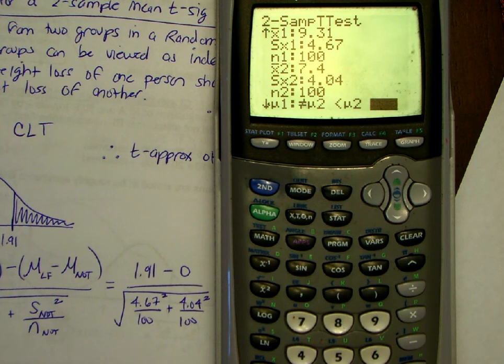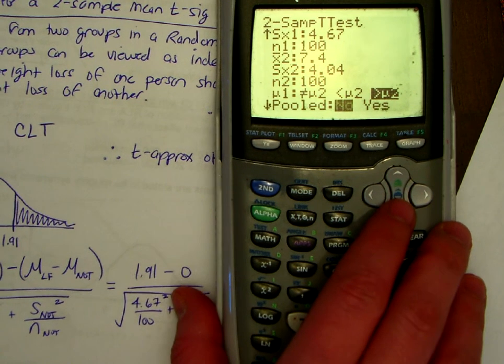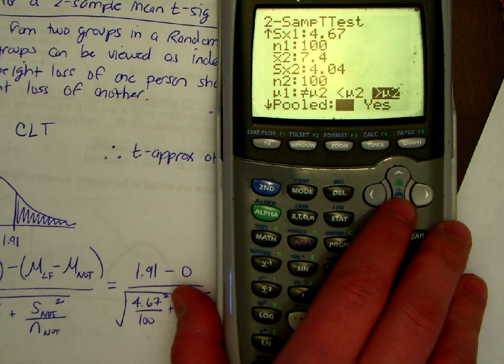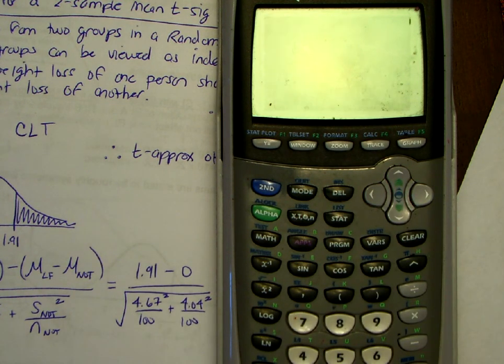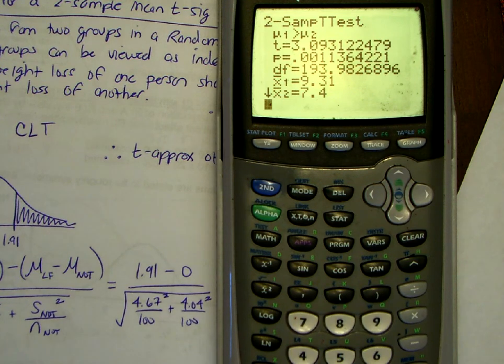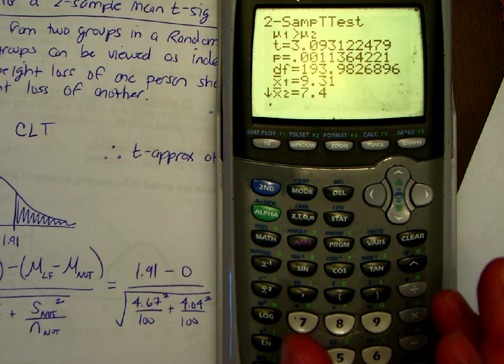I think I got all my data entered right. Okay, greater than, hit calculate. Don't pool. You only pool on a 2-sample proportion test. It won't even ask you about pooling. Hit calculate. T is 3.09 and your p-value is 0.001, and notice those degrees of freedom.